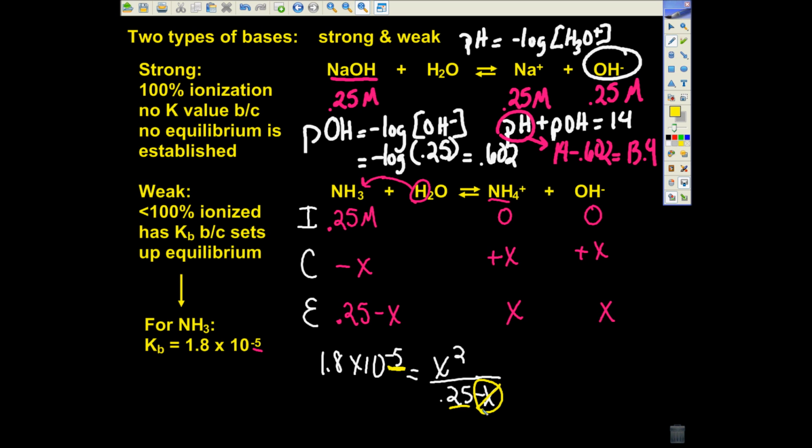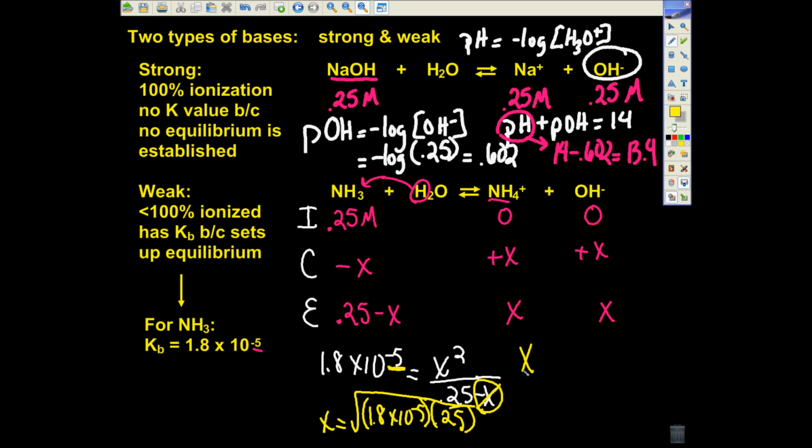So if I ignore it, then, solving for my X value, I'll end up multiplying 1.8 times 10 to the negative 5 times 0.25 and taking the square root of that. So you will get an equation that looks like this. That's all under the radical.